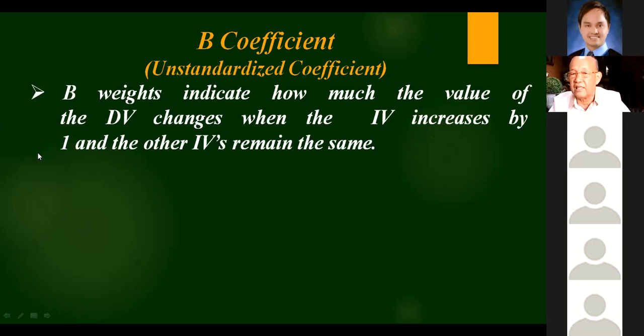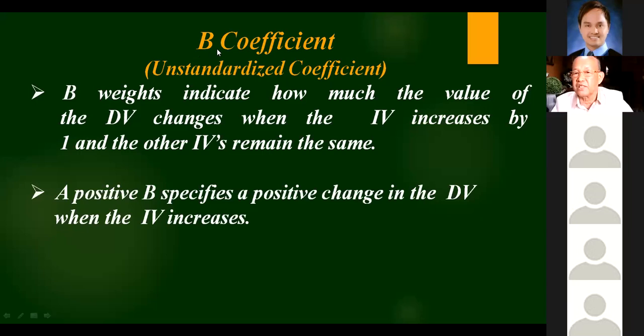Stated differently, for every increase of 1 unit in X, what happens to Y? For every 1 unit decrease in X, what happens to Y? That is what the B coefficient answers. All right?